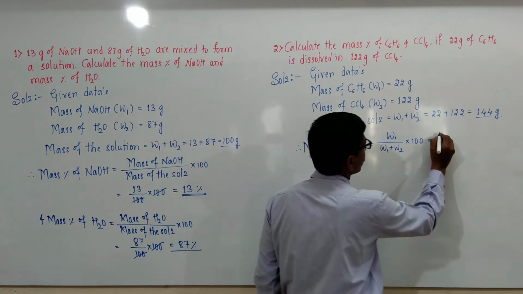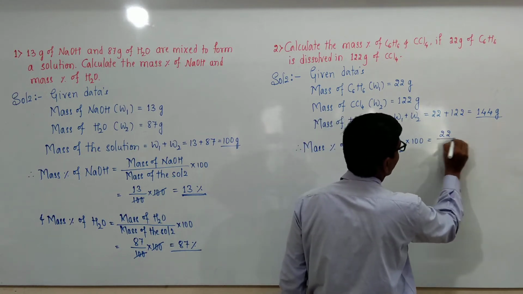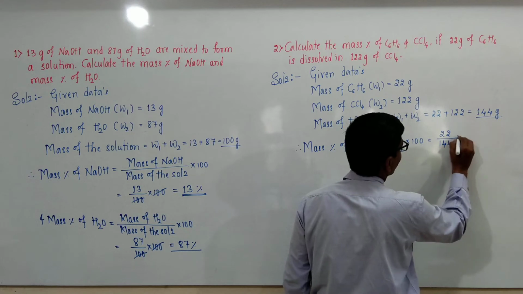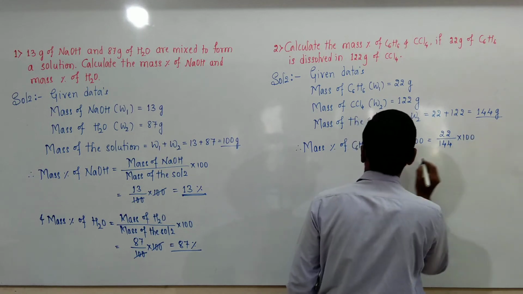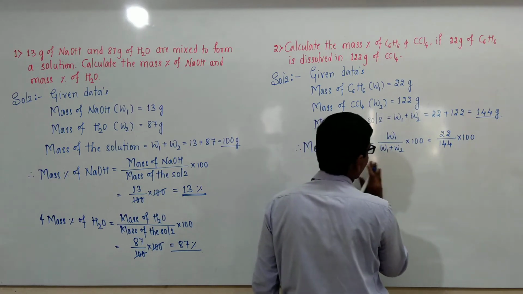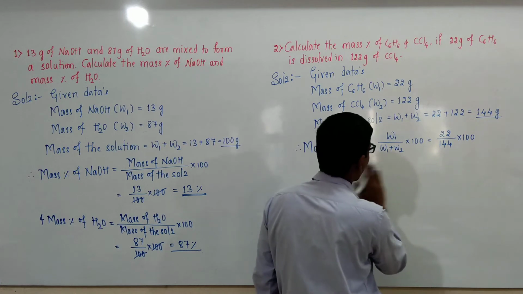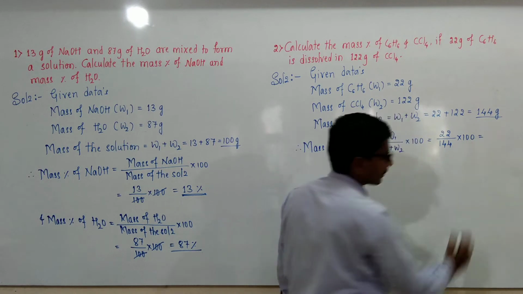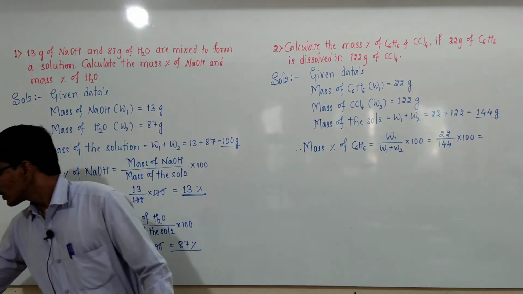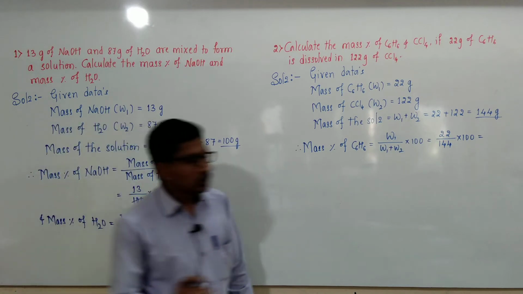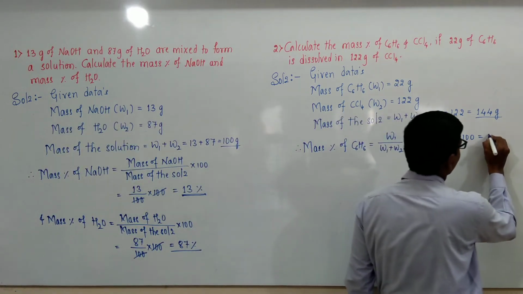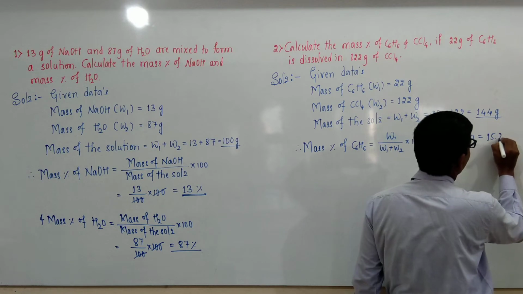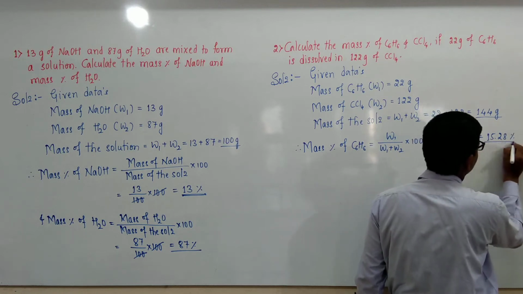This is equal to 22 divided by 144 into 100. The value of this is 15.28, 15.28%.